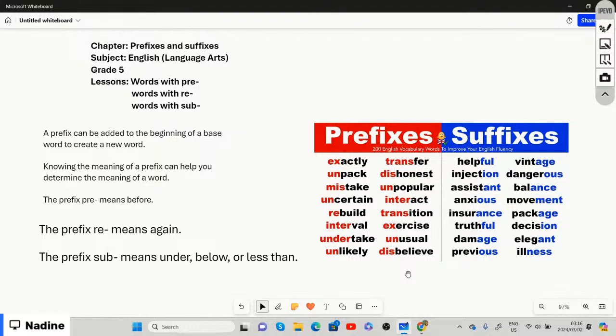And we said that with our prefixes and suffixes, prefixes we add at the beginning of a root word, and a root word or a base word is a word that can stand on its own.